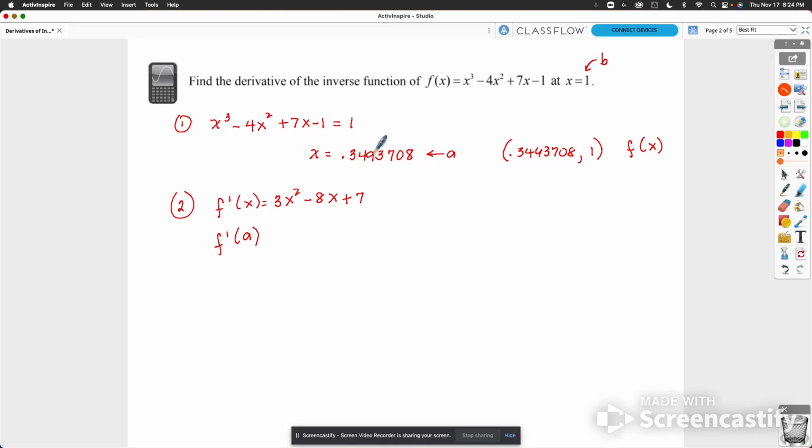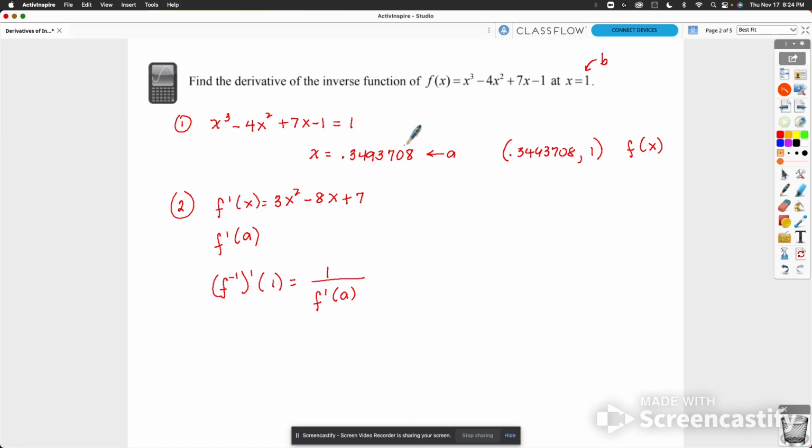So we get f prime at a, and then we get the reciprocal of that. So the derivative of the inverse at b, at 1, is equal to 1 over f prime at a. In this case, a is that whole bunch of numbers.